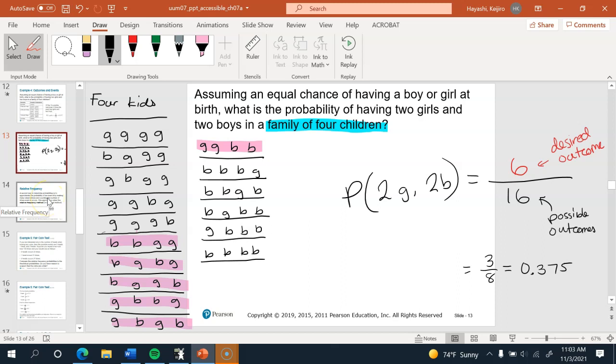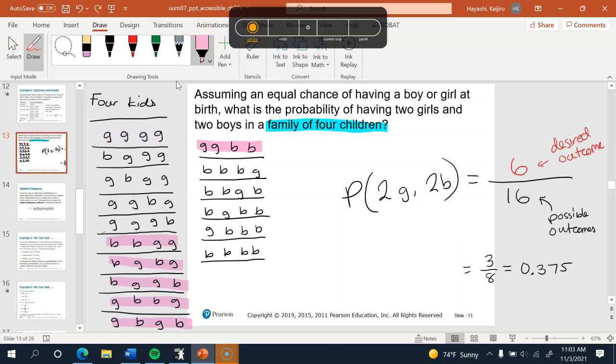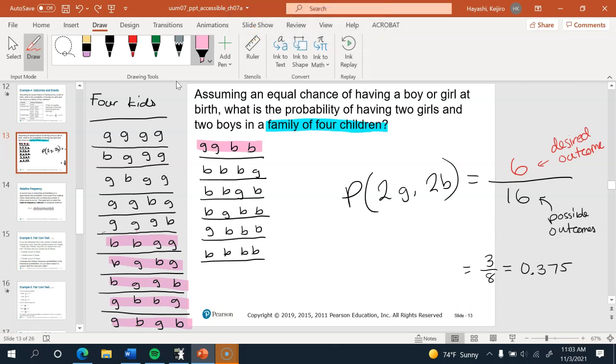This isn't a sociology class. But in most places there will be a roughly equal amount of males and females, which wouldn't be the case if, for example, this was the most common outcome. So it's no surprise that an equal number of girls and boys tends to be the most common outcome. In fact, no matter how many kids you consider at a time.